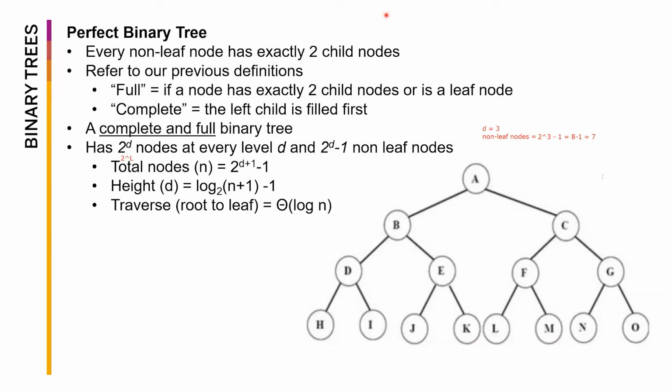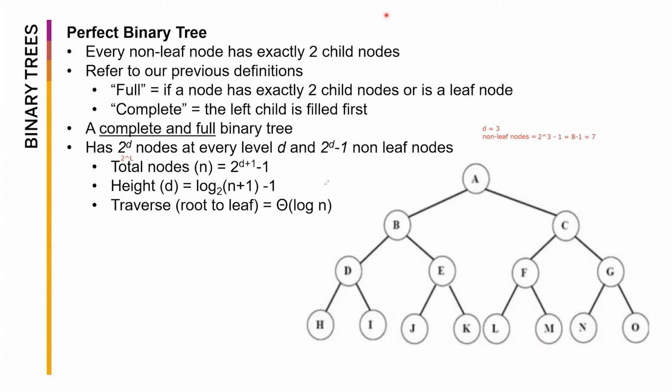Any clue? Or any hint? Why am I asking you for a hint? I know the answer, okay? Any idea where 2 raised to D plus 1 minus 1 as the formula for total nodes came from?